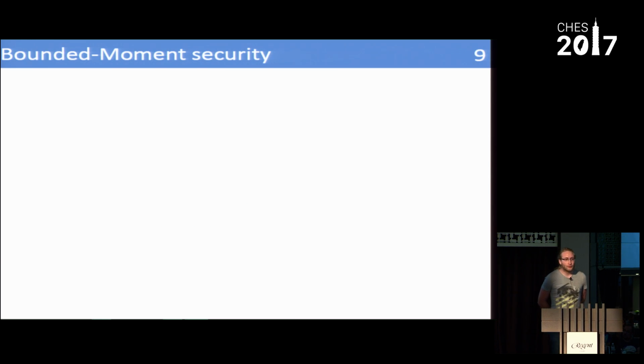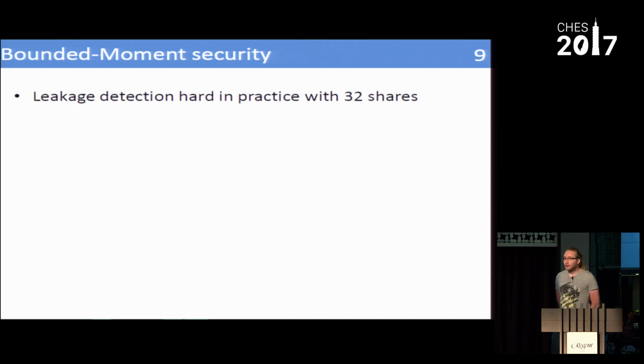So now for the bounded moment security. As I said, we cannot just launch a leakage detection on our 32-share implementation, because we just won't be able to see anything a priori. So what have we done?